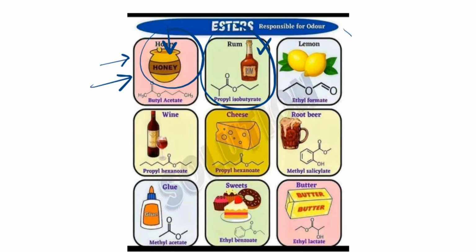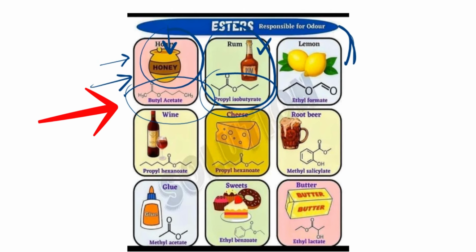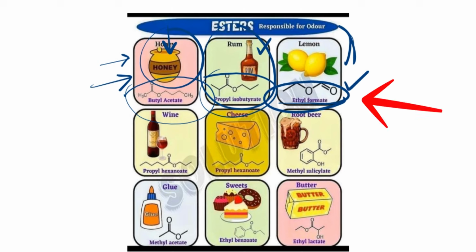And if you smell this lemon, you will smell a citrus fragrance. It's basically a type of ester, and each ester is represented with the help of a chemical formula, just like under this particular substance.